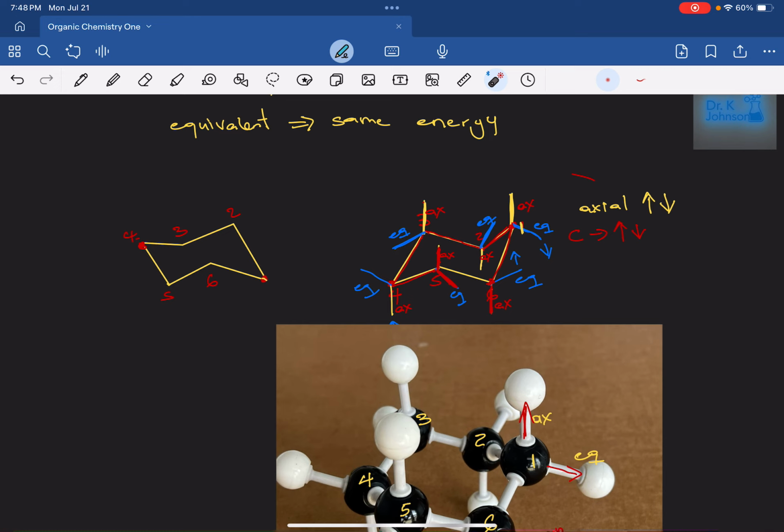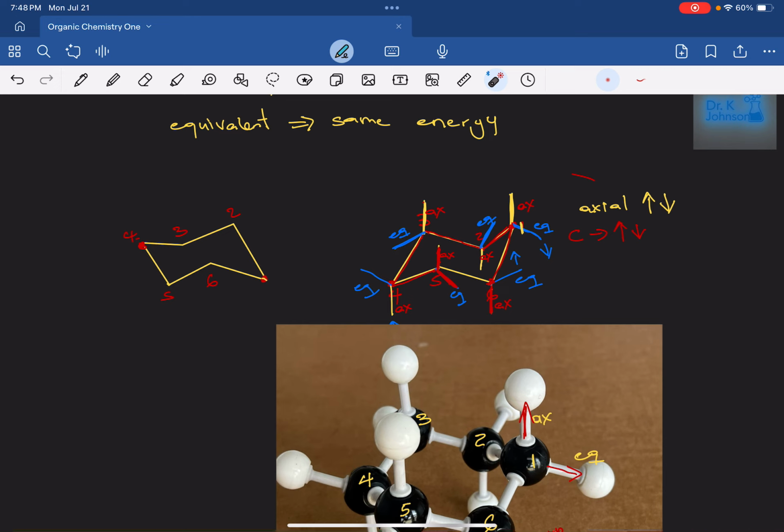Once you draw those two sets of lines and connect them with the V up and down, boom, you've got your two chair conformations, right? You need to know how to draw those two chairs. They will come in handy when you start doing chair stability, when you start looking at if two things are conformers or stereoisomers, you have to be able to draw these two chairs. And it's easy, just draw the lines, right?